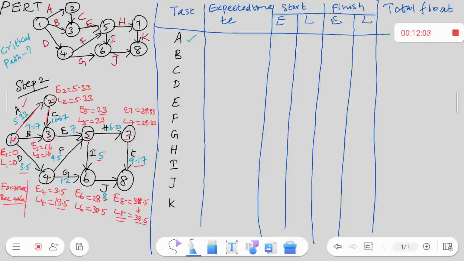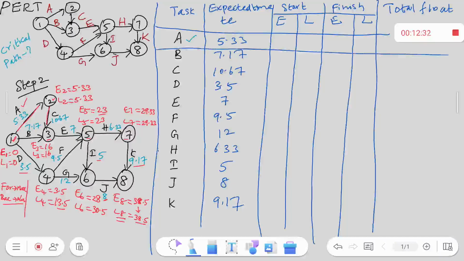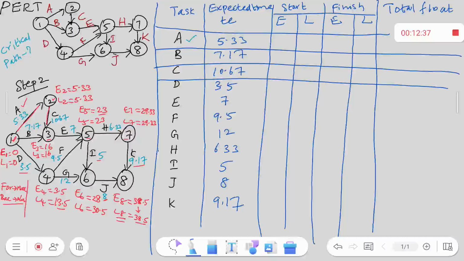Now I fill in the expected time values as 5.33. We already have those values: 10.67, and from the last column of the first tabular column 7, 9.5, 12, 6.33, 5, 8, 9.17. Okay. Now I find out the earliest start time and latest finish time across all the activities.